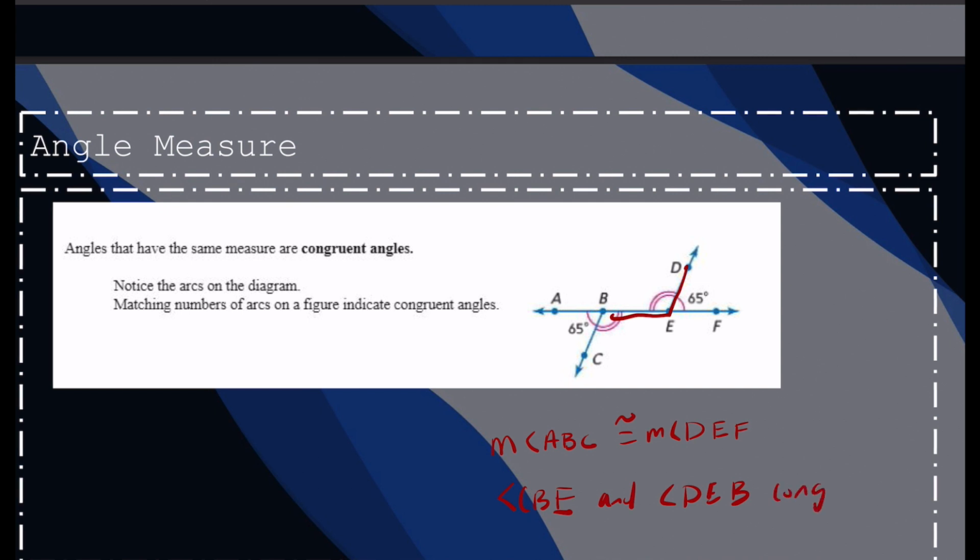Sorry for the long pause. I'm trying to look at my notes to see if I'm doing things right. Yeah, so those are congruent.